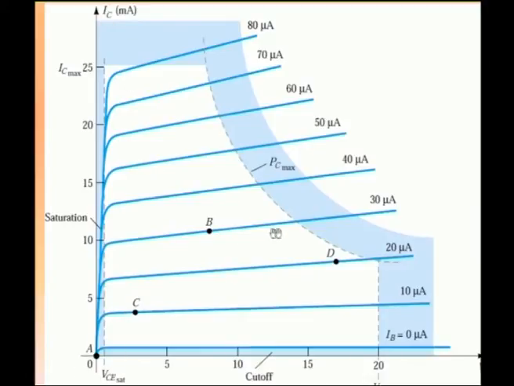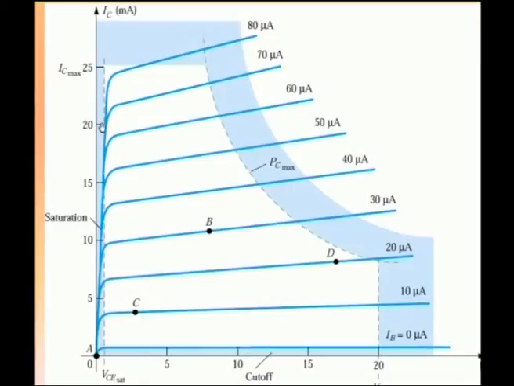And here are a few operating points located in the output characteristics: A, B, C and D. We have to see which operating point is linear, or which operating point is going to give you the maximum output for both the positive and the negative swing of the input voltage. And we know that in the output characteristics we have already seen where the saturation region exists, where the cutoff region exists and what the active region is.